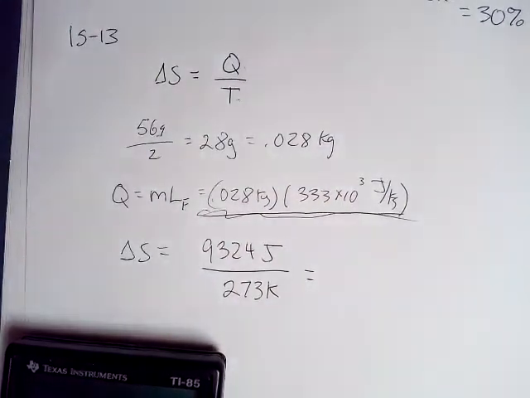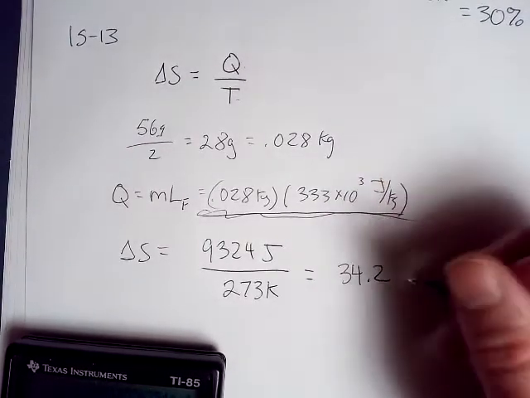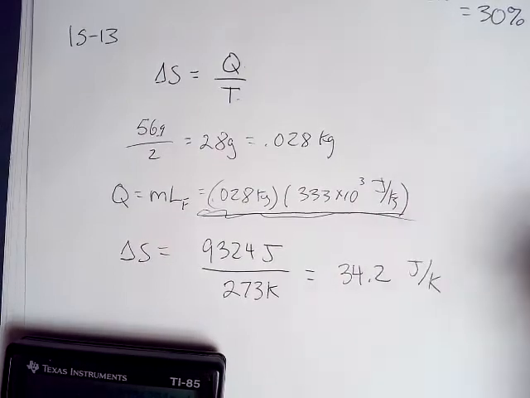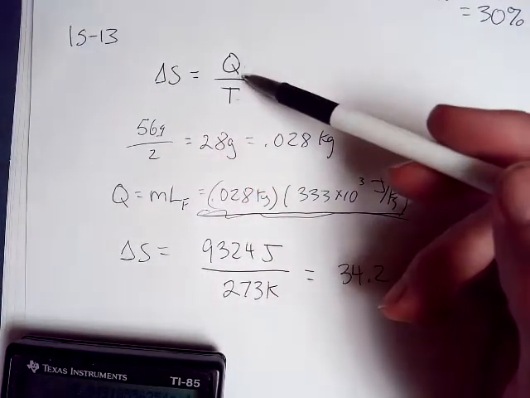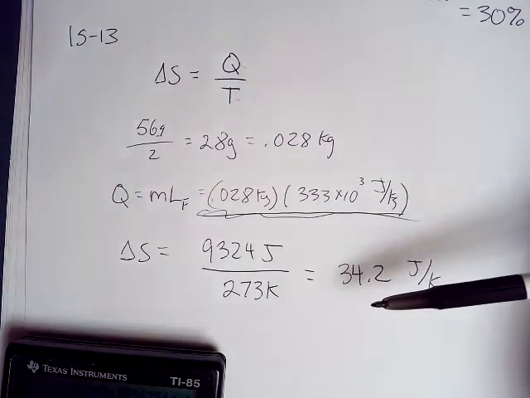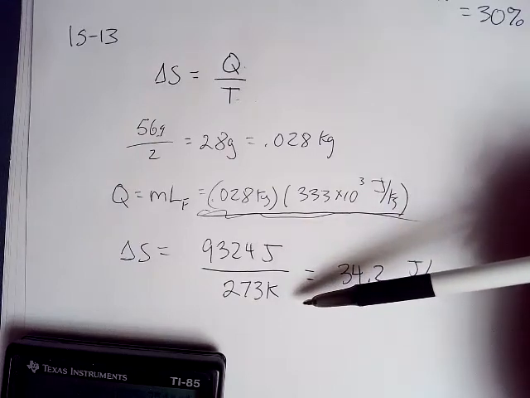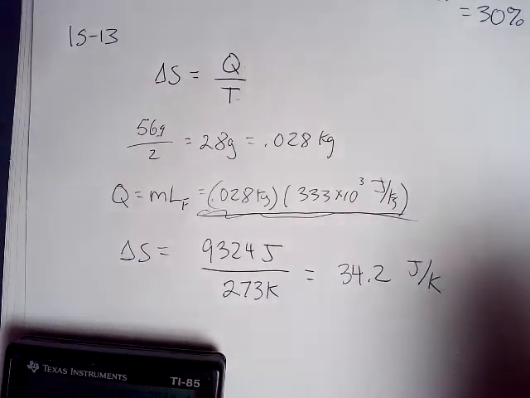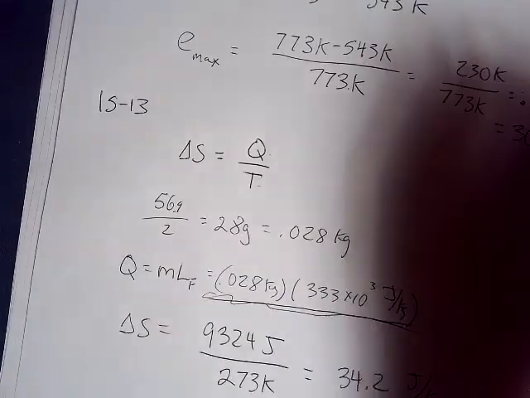So divide by 273, and you get 34.2 joules per Kelvin. And basically, entropy is a measure of sort of the energy density as you compare it to temperature. And that goes up as you melt things and vaporize things. I guess that's really the best we can do in an explanation of entropy. Okay, that'll be it. I'll stop there.